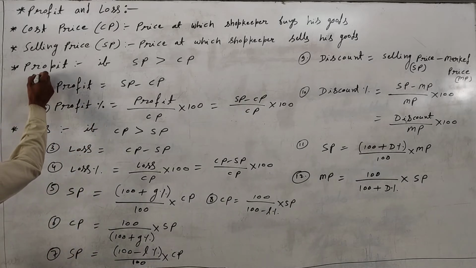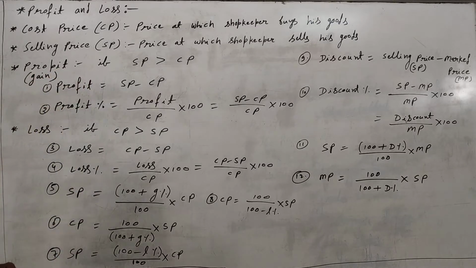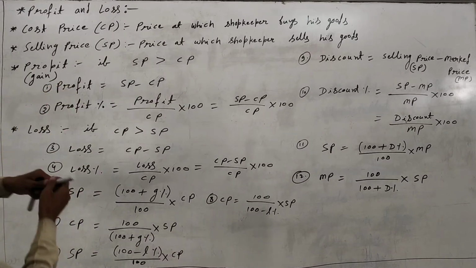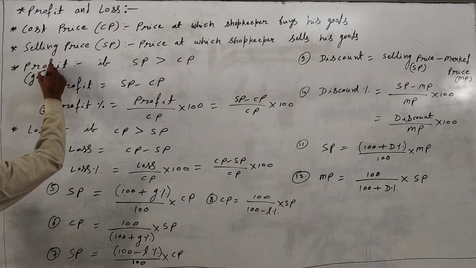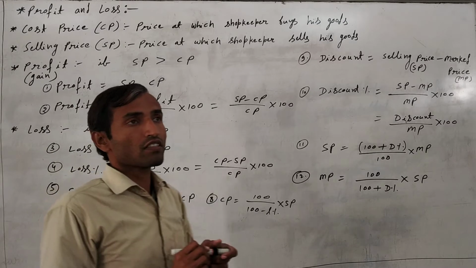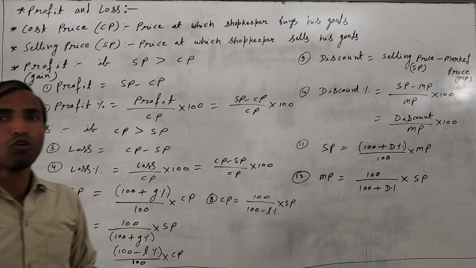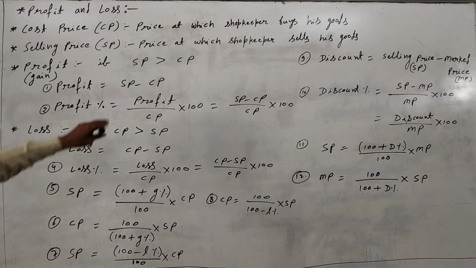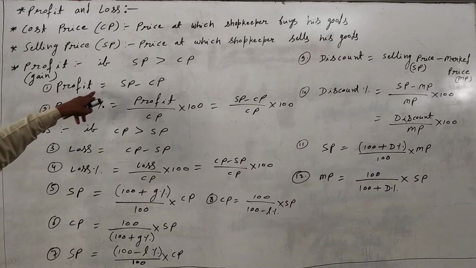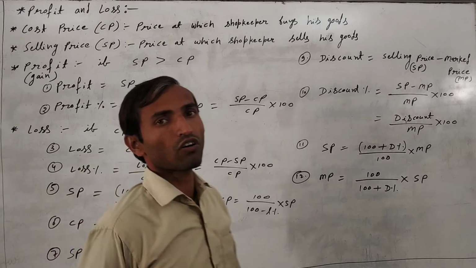So profit and gain are the same word. The shortcut for gain is G, and for profit it is P. Now profit means if the selling price is greater than the cost price, then we will get a profit. So if SP is greater than CP, then we will get profit. The profit formula is profit equals SP minus CP. We just have to find the difference between selling price and cost price.